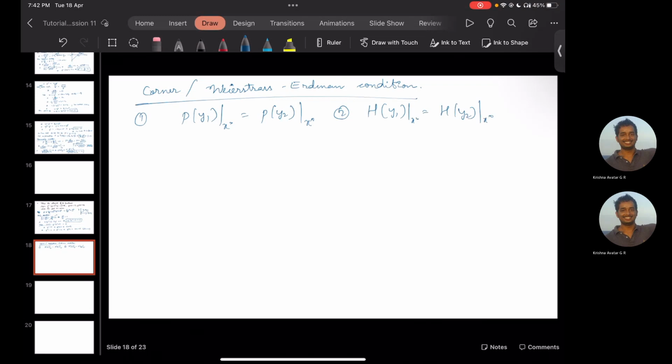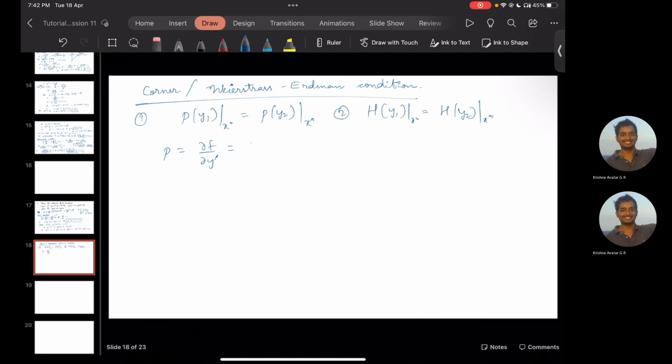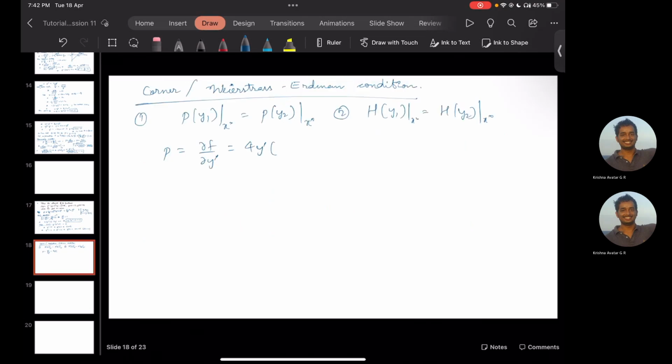Let's determine the expression for P, and P is equal to partial f by partial y prime. Okay, and this comes out to be 4 into y prime into y prime squared minus 1, and h is equal to y prime P minus f. Right?